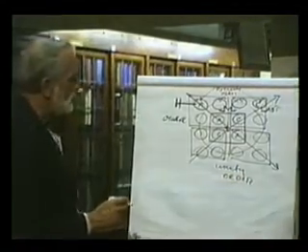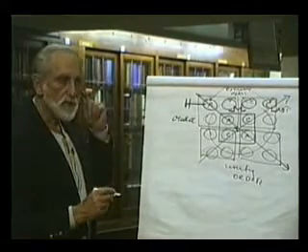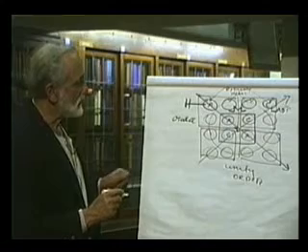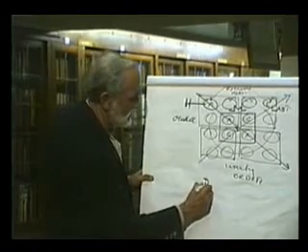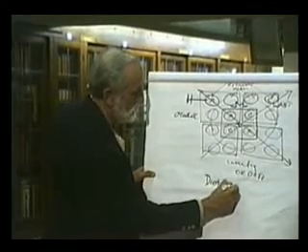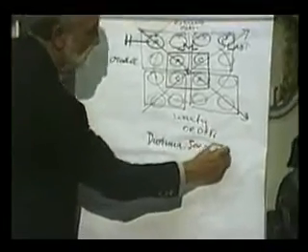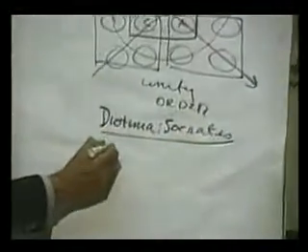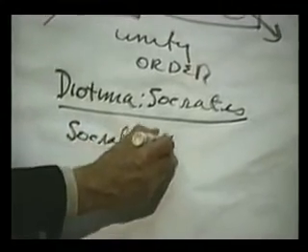Now, sometimes you can see this better if we put in personalities. And let me put in the key personalities in the Platonic corpus of works, all right? Socrates' teacher was Diotima. So Socrates was the student, and Socrates then became the teacher to Agathon.